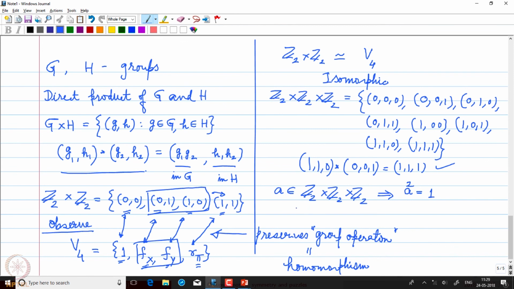I hope you could understand this group, and I hope you could also understand that in Sn, when the action is the natural action on 1 to n, the number of orbits is 1.